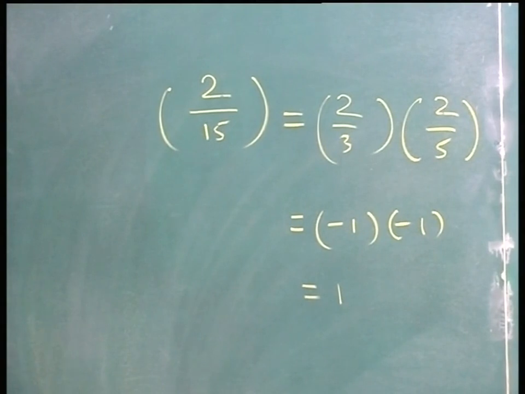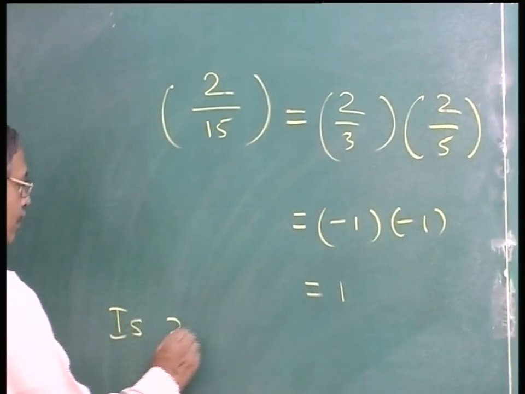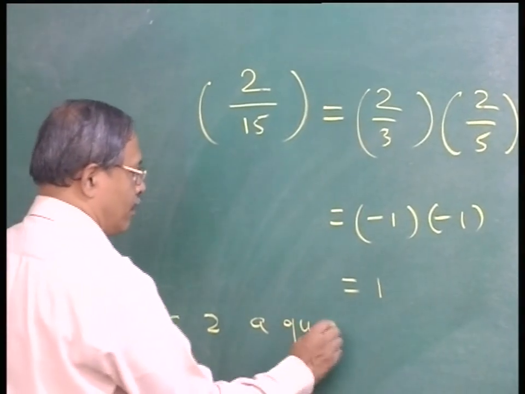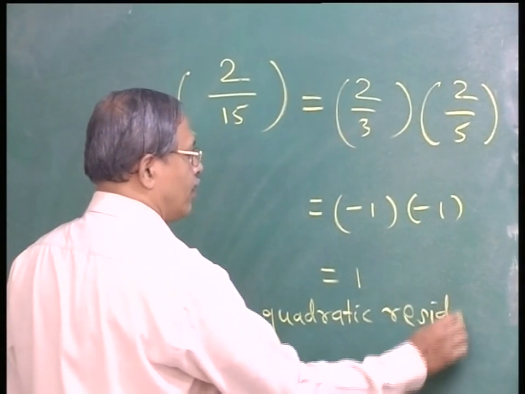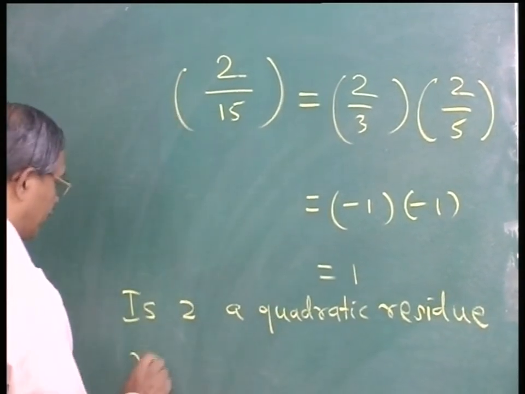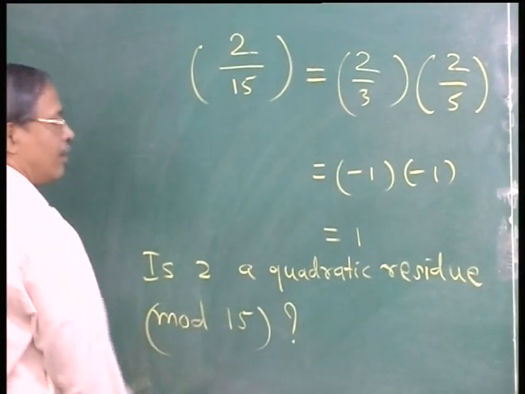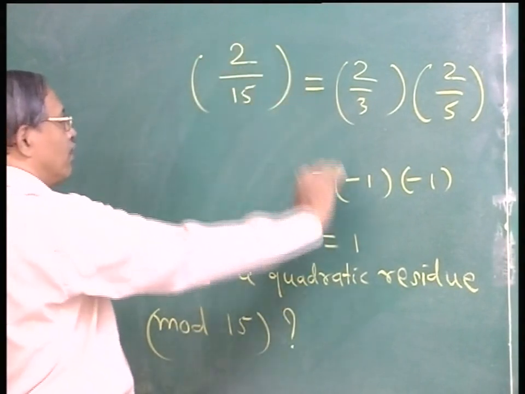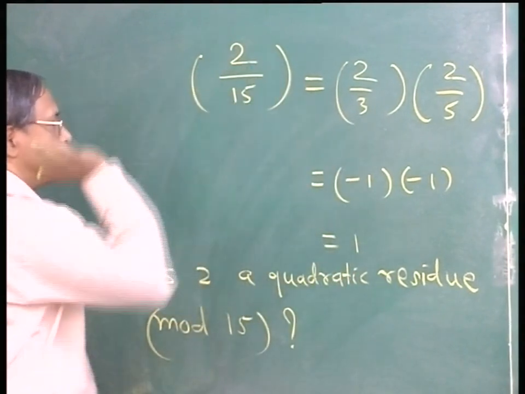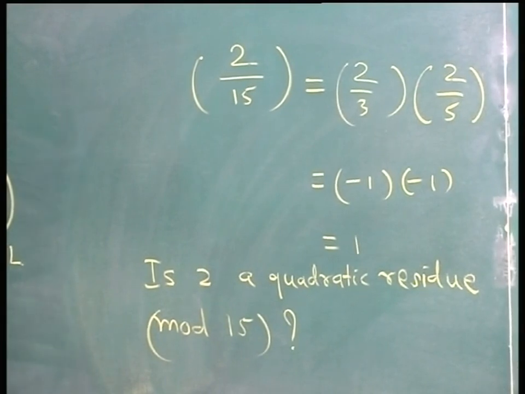Is 2 a quadratic residue mod 15? You may think that because this symbol is 1, 2 is a quadratic residue mod 15. But that is not so. Why?